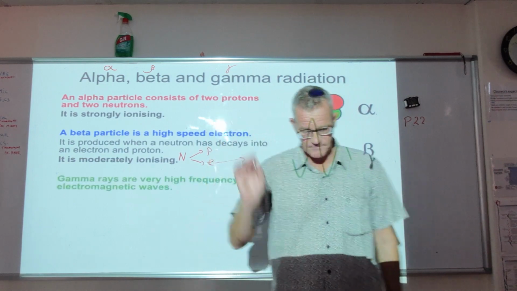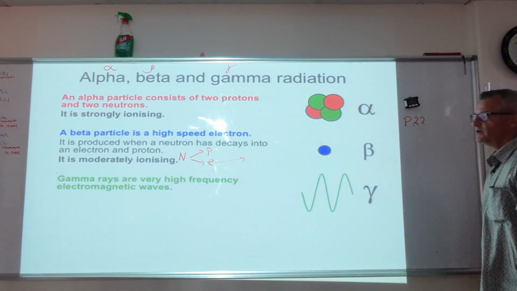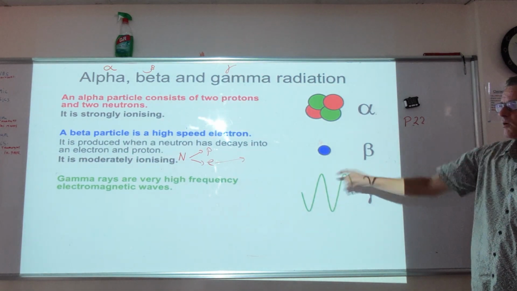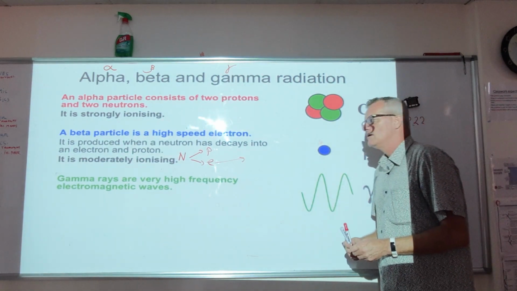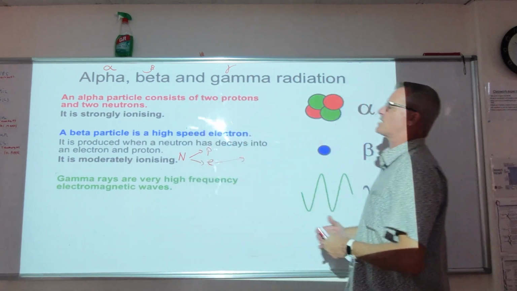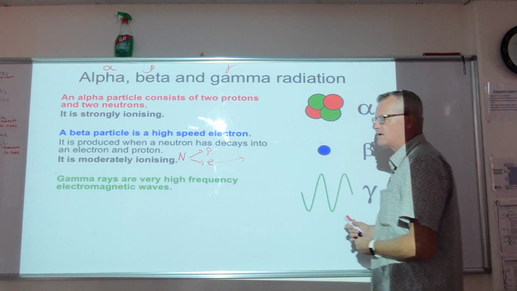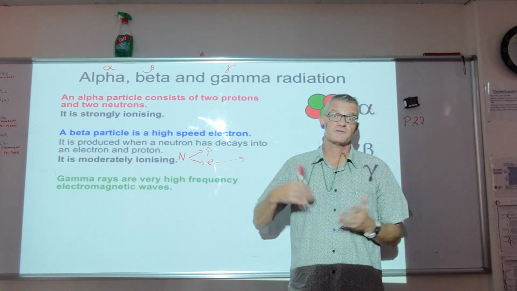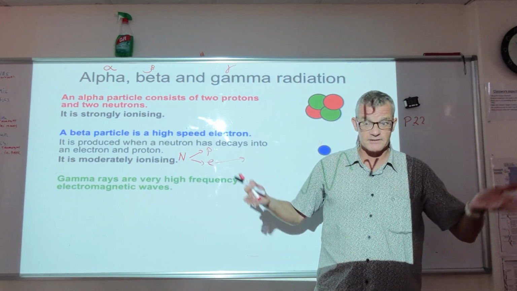Then the last one is interesting, because this one is actually the most dangerous one. Gamma rays have a very high frequency. Because they have a very high frequency, they have a lot of energy, and they are just like light, an electromagnetic wave.